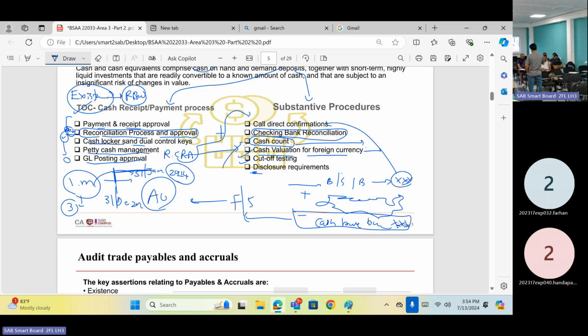I'm asking, at 31st December 2023, is that a cash and cash equivalent item? No. Yes or no? Certainly, a 3-year maturity period investment, we consider that as cash.